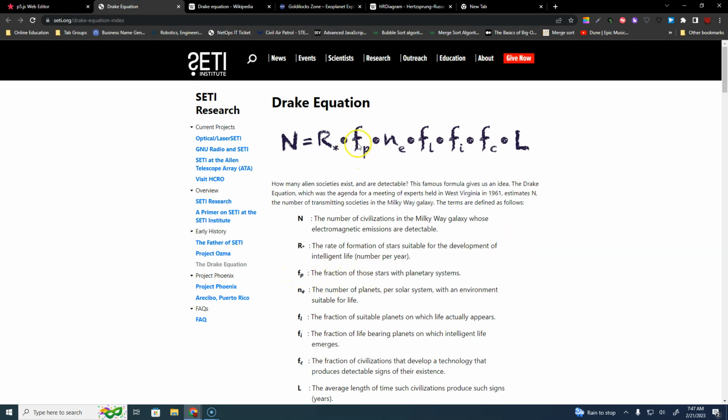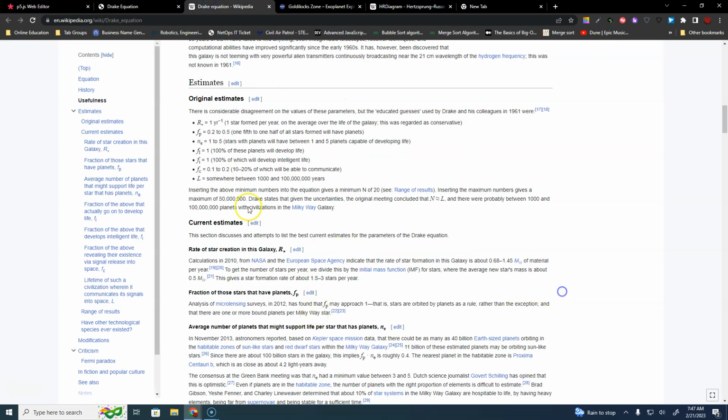And then any of the f of ones, these are fractions. So they can have values that go from 0 to 1. 1 would be 100%, 0 would be 0%. So f of p, that would be the fraction of those stars with planetary systems. What is the original estimates? They say 0.2 to 0.5.